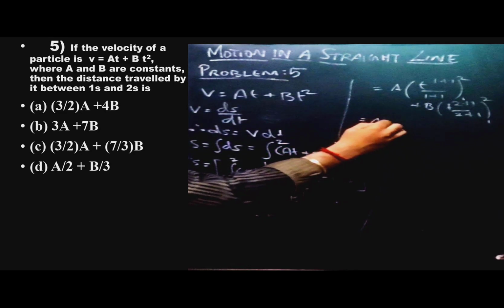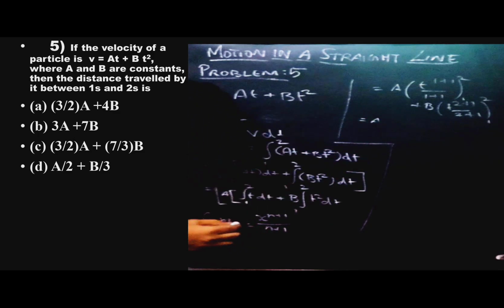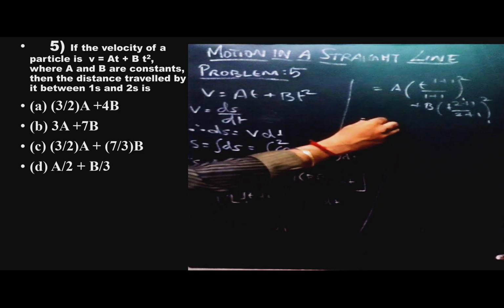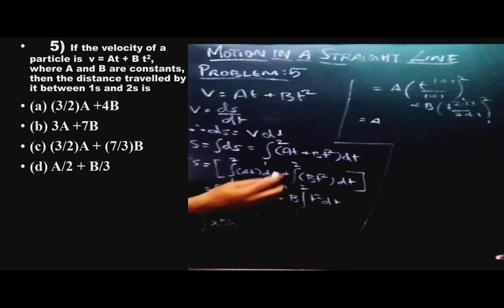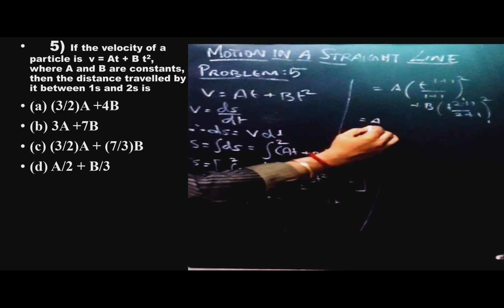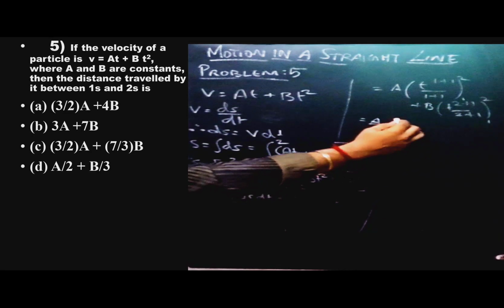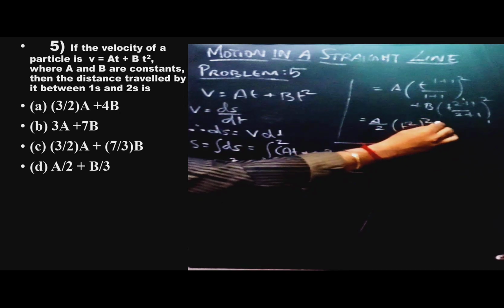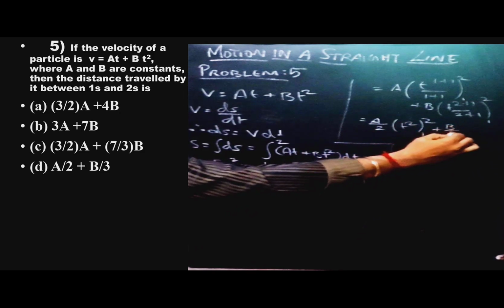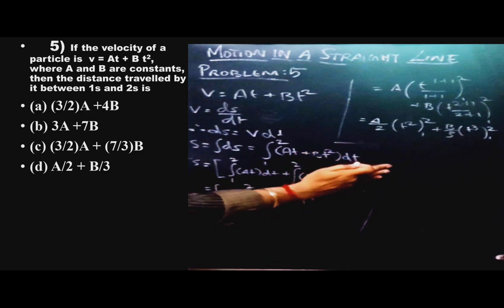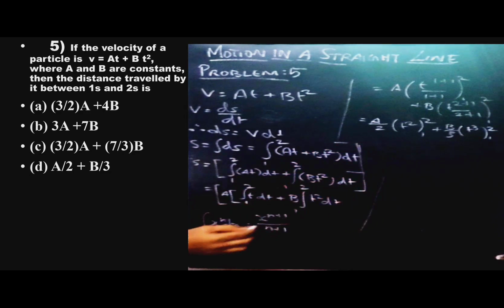Now I am expanding it. 1 plus 1 is nothing but 2, so it is a by 2 into t square within the limits 1 to 2, plus b by 3 into t cube from 1 to 2.